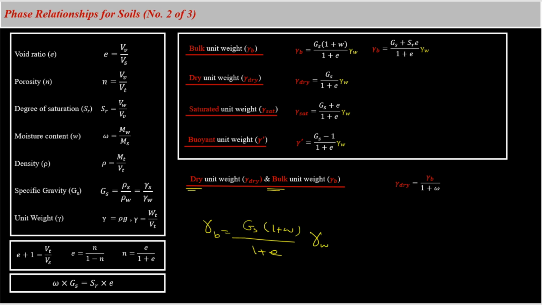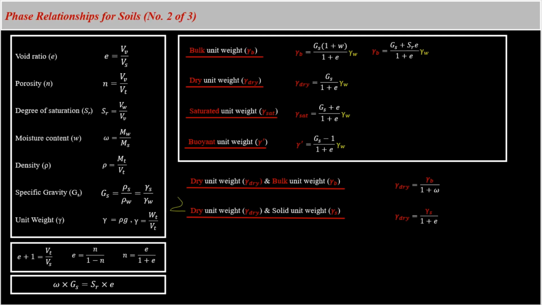And we also know that the specific gravity divided by 1 plus e multiplied by the unit weight of water is the dry unit weight. So we can easily get this equation that relates dry to bulk unit weight.